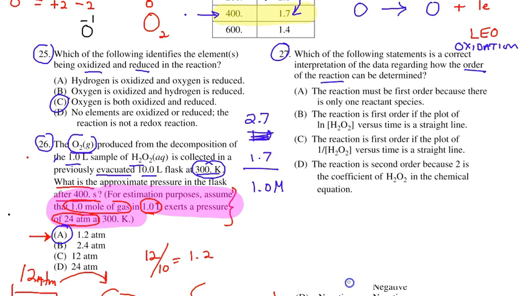In your reference table, you have something called the integrated rate law formulas. And they look like this. They have the natural log of A at some time period, minus the natural log of the concentration of your reactant A at the 0 time period, equals negative kt.